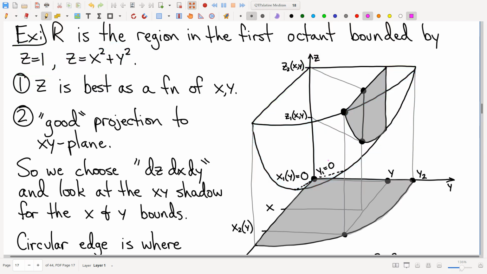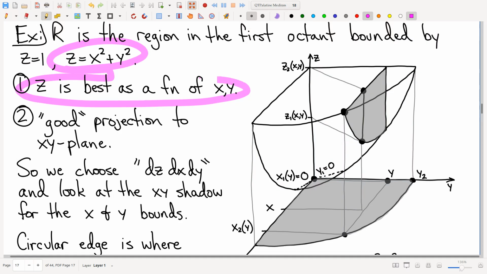Okay. Now, what order are we going to slice? Here's the very first thing I notice. I don't even need the picture for that. I see right there that, look, you give me my choice. I don't want to solve for x as a function of y and z. It's not that I can't do it, but I don't like square roots.